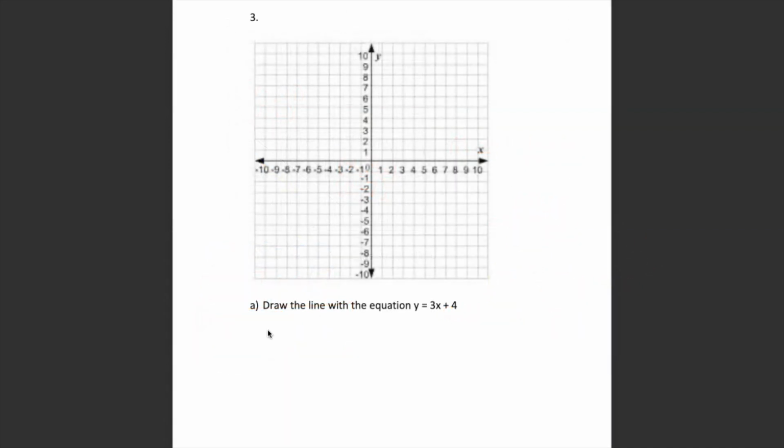So the third question says, draw the line with the equation y equals 3x plus 4. So here we have been given just a grid. We have to draw the line. In these cases, we are going to just take some fixed values of x and calculate their corresponding values of y. So let's take some fixed values of x there. Let's take -2, -1, 0, +1 maybe.